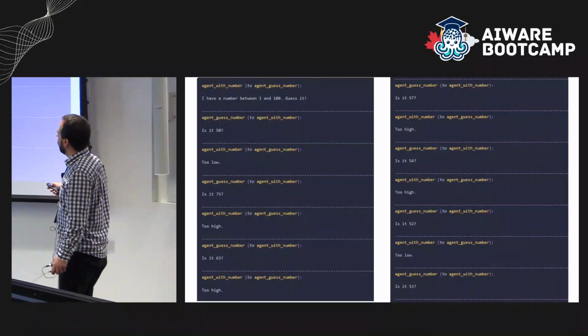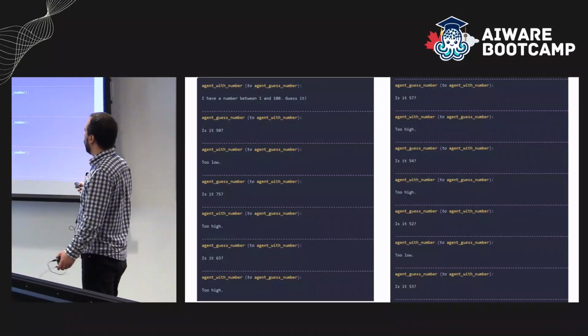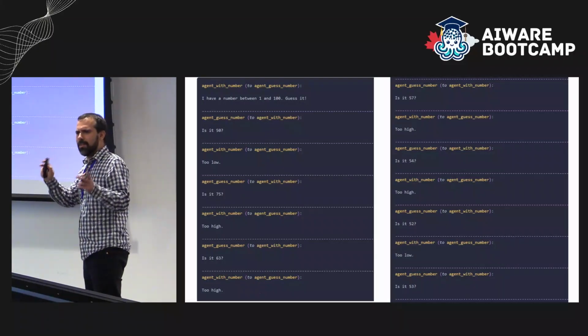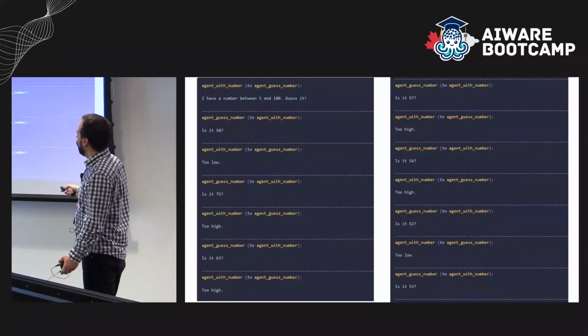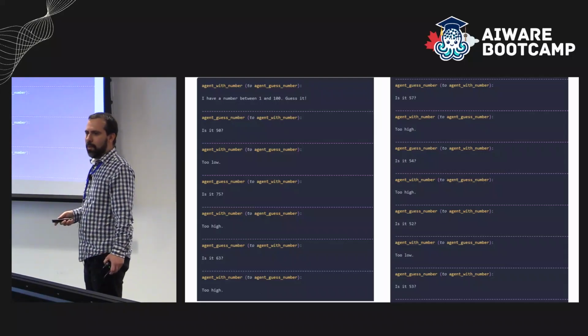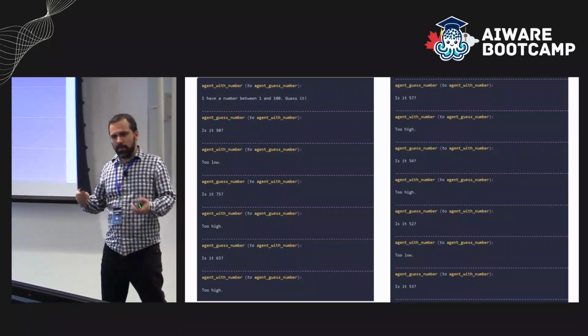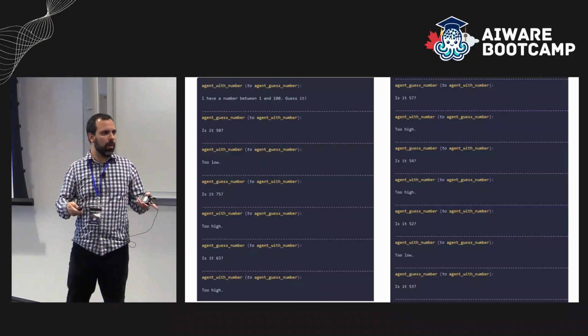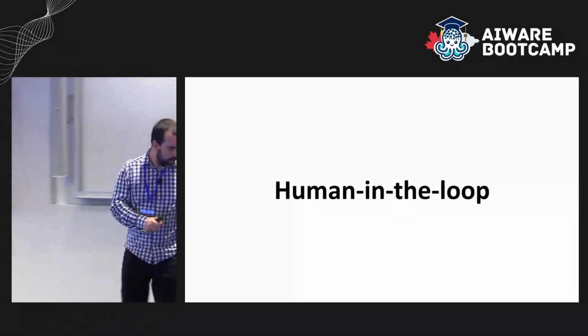It says, I have a number between 1 and 100, guess it. And it says, oh, is it 50? So it's kind of doing binary search, so it's smart. And it says, oh, too low, is it 75? Too high. And eventually it gets to the 53. So again, I'm just trying to show practical examples of how these agents would be talking to each other. Cool.